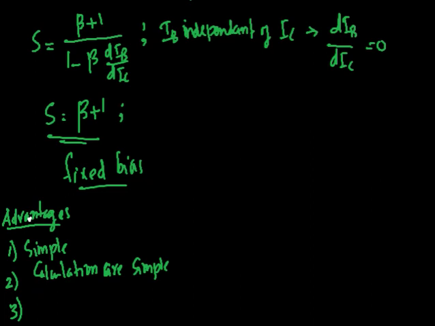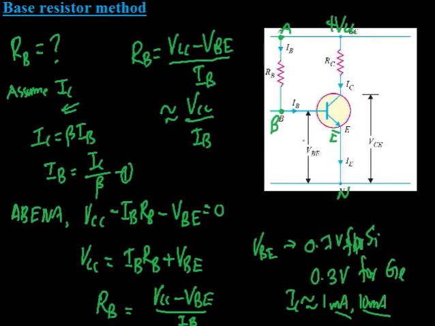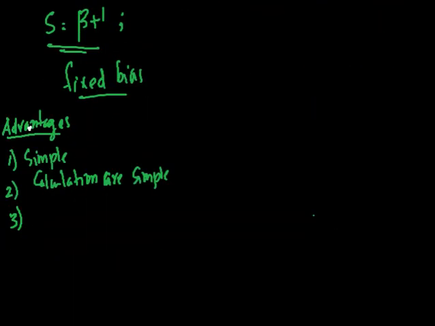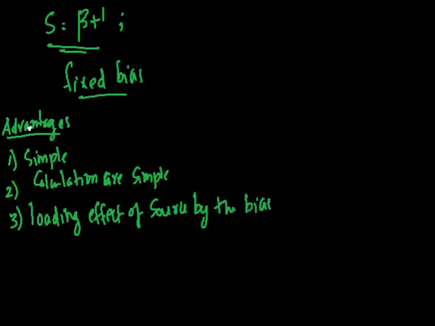If we employed any resistance across it, it would come in parallel with the input signal, so there would be a loading effect on this voltage source. Since there is no resistance connected across the base emitter junction, there is no loading effect of the source by the biasing circuit. These are some of the advantages.